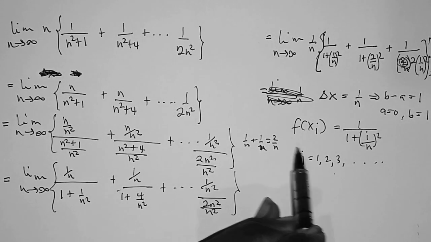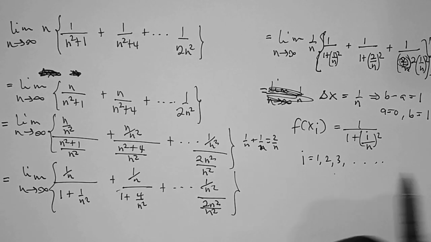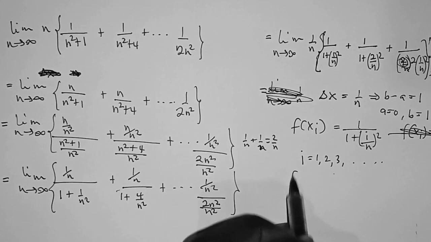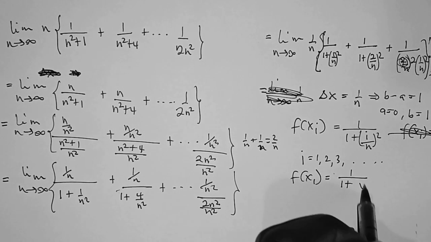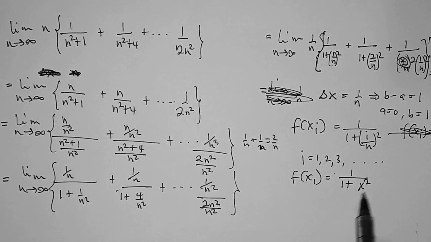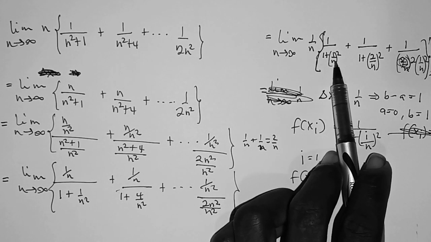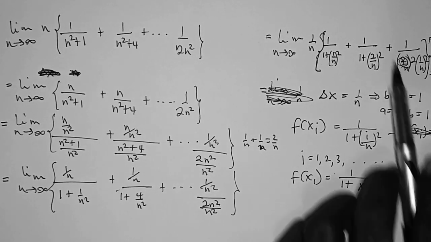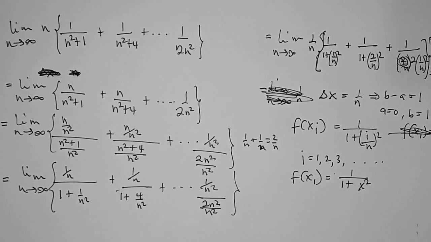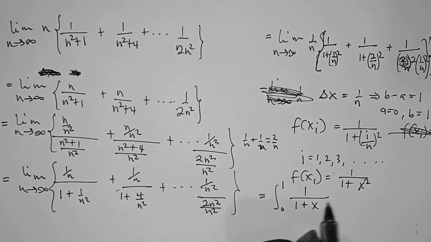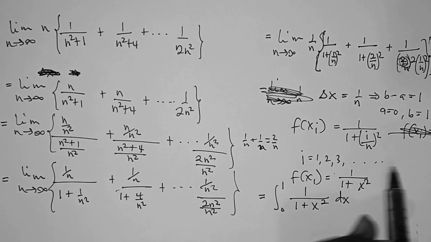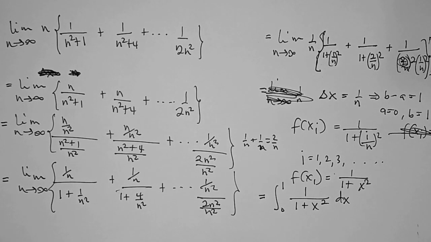And then the next one will be plus 1 over n, which will give us 3 over n, in that fashion. So you can see that the function f of xi is equal to 1 divided by 1 plus x squared. If we put 1 over n in here, we are going to get this first term. And then if we put 2 over n here, we are going to get the second term in that order. So at the end of the day, all of this becomes the integral from 0 to 1 of 1 over 1 plus x squared dx, because delta x is 1 over n.